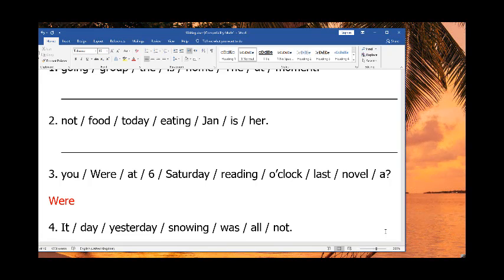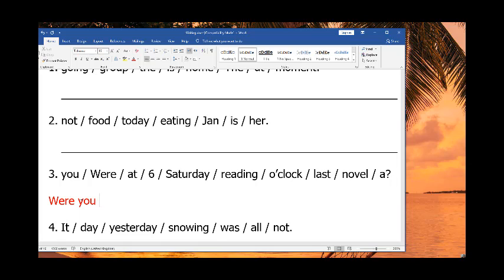When you make a question, you put the helping verb and then you put who? The subject. Yes. So when, where is the subject here? Who can tell me? The subject is the person I'm talking about in the sentence. So I have here you. Yes. When you? When you what?